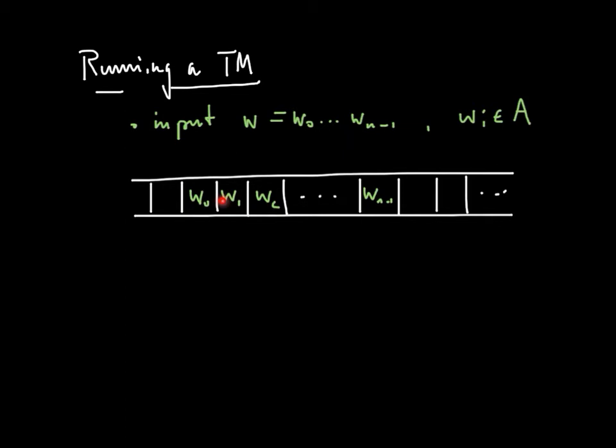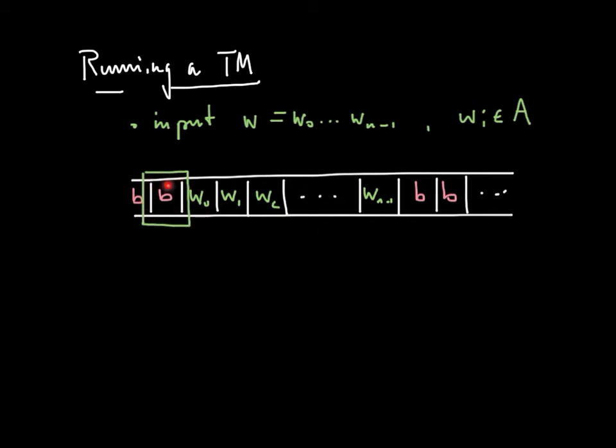To the left and the right of this string, the tape contains blanks. So B, B, B, B, and so on. So in both directions we have infinitely many blanks. The read-write head will initially be placed on the first blank symbol to the left of the input.